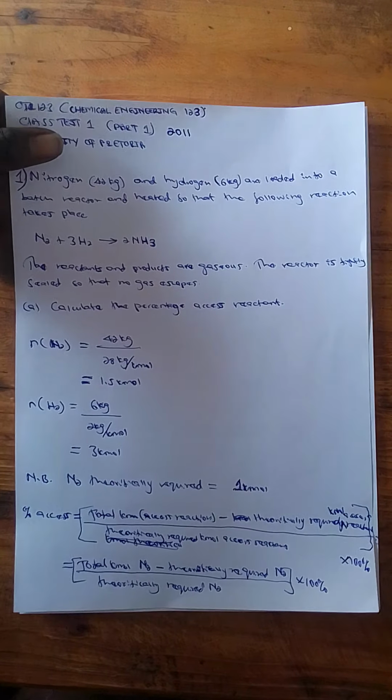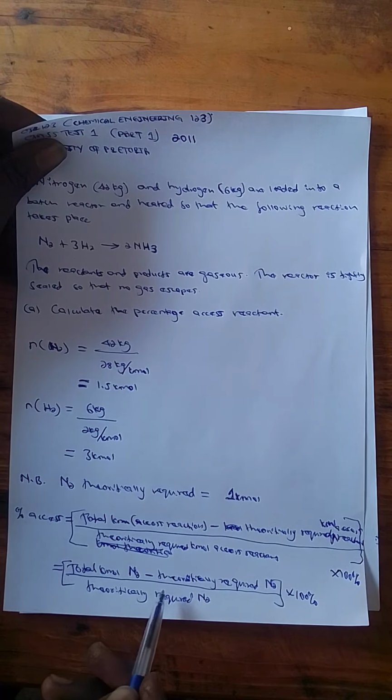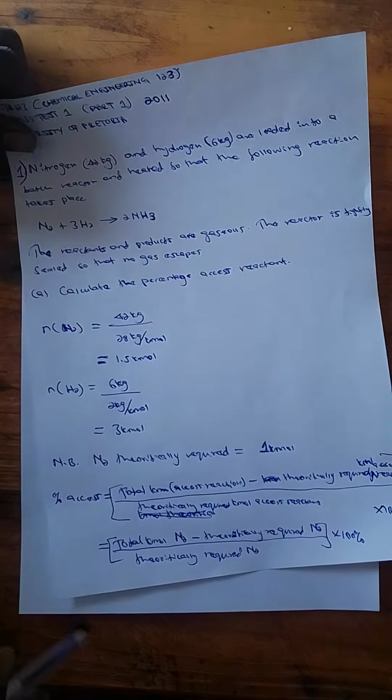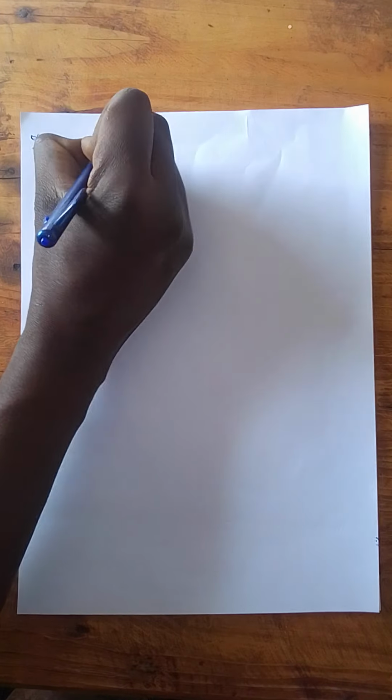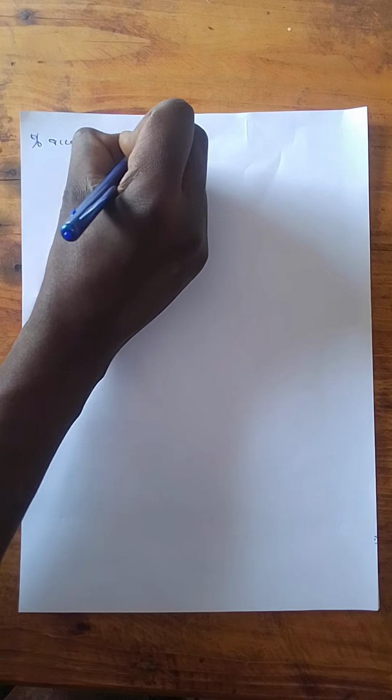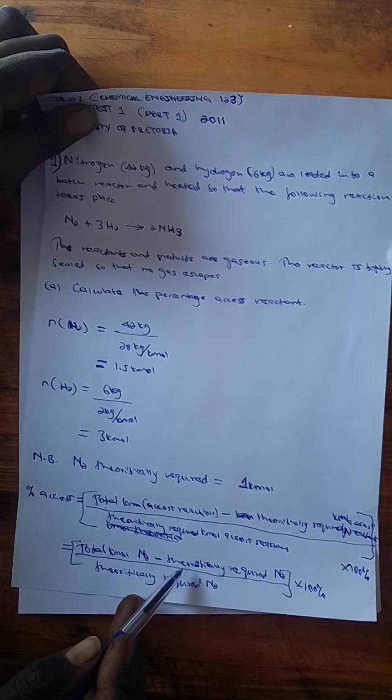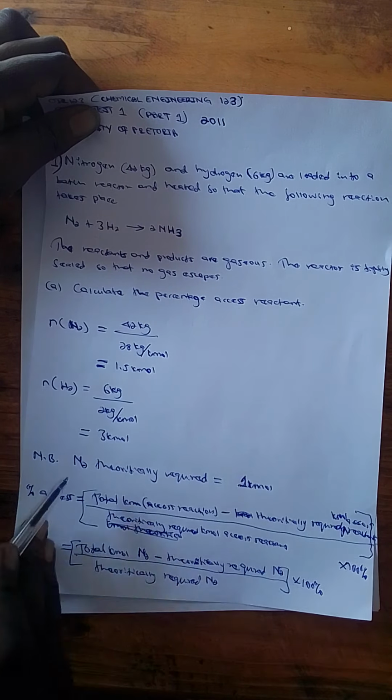What we do now is just substitute the values. So we say percentage excess is equal to the total kilomole of nitrogen. We've calculated the total kilomole of nitrogen to be 1.5 kilomole. It's 1.5 kilomole minus the theoretically required nitrogen.